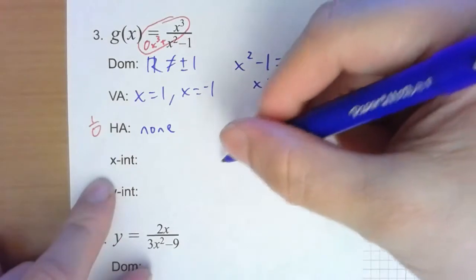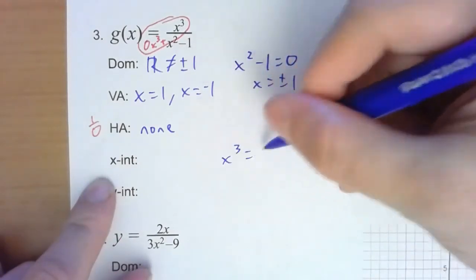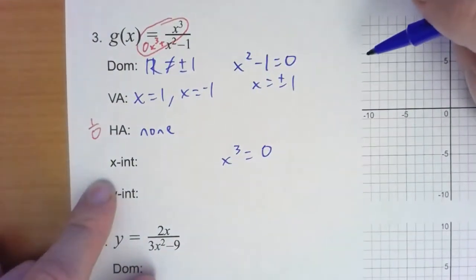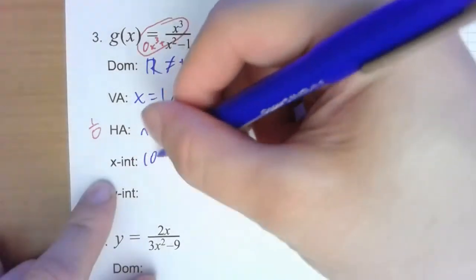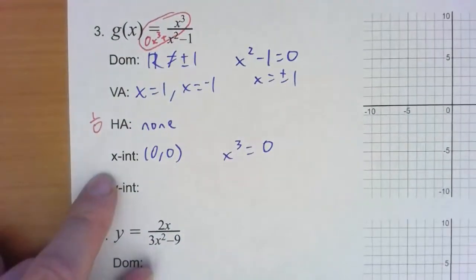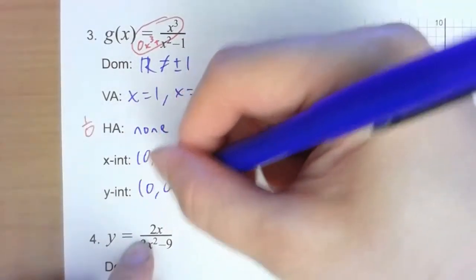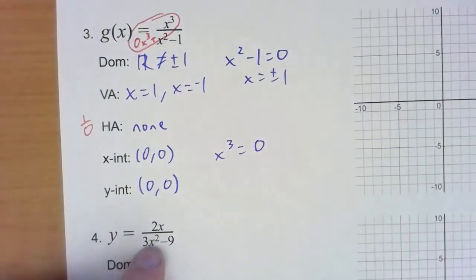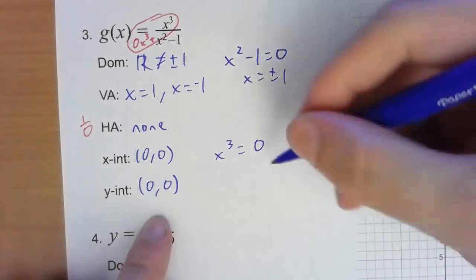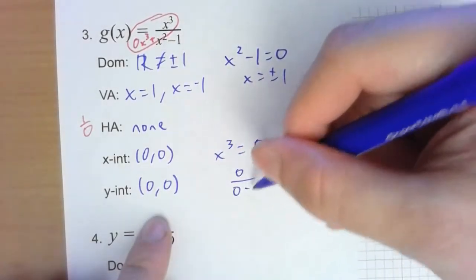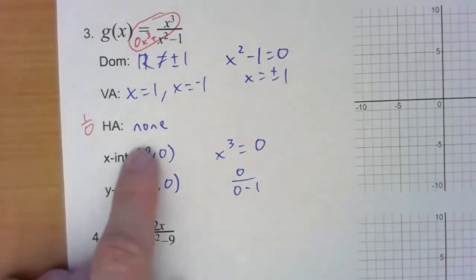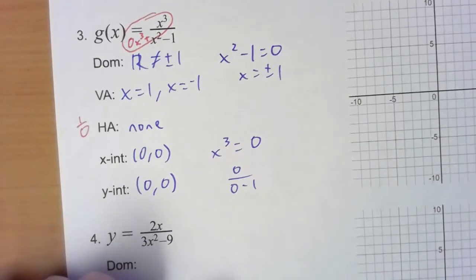For my x-intercept, I want x cubed to equal 0. Well, that's just x is 0. So I get (0, 0). And then, if it's (0, 0), that has to be the y-intercept as well. We can plug it in to double check, but (0, 0) is both an x-intercept and a y-intercept.